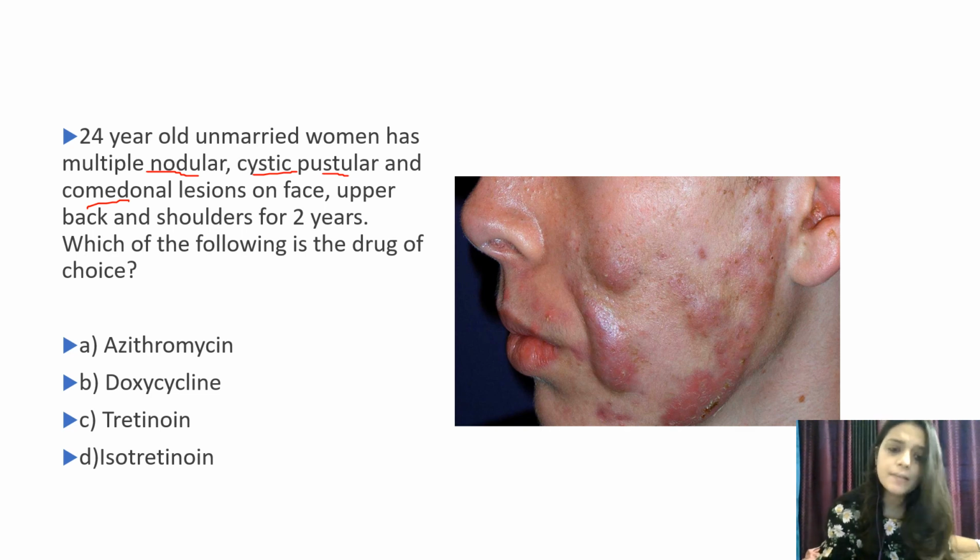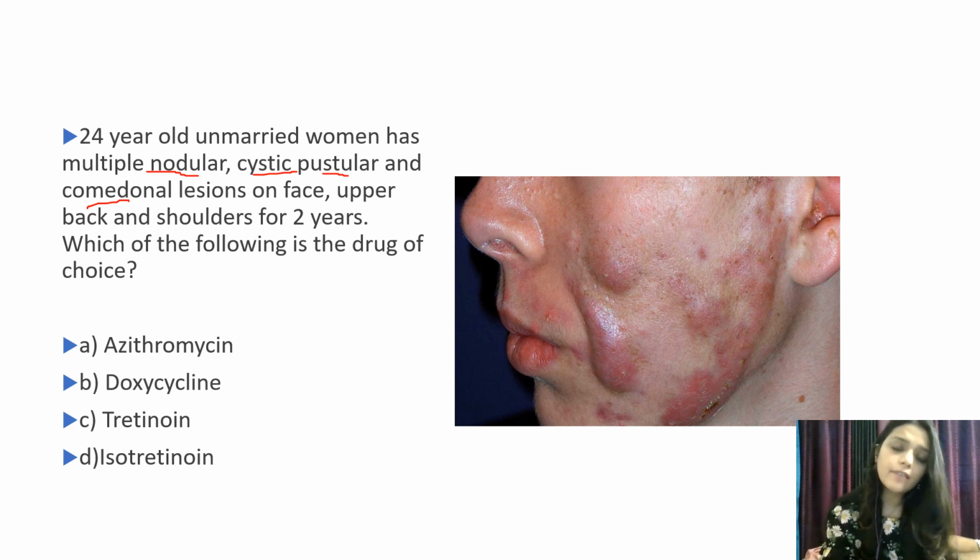It depends upon the involvement. Sometimes it can be mild, sometimes moderate, and the third classification is severe. So we can classify acne vulgaris into three: mild, moderate, and severe. The initial or mild stage means they will be having just comedones, either blackheads or whiteheads.